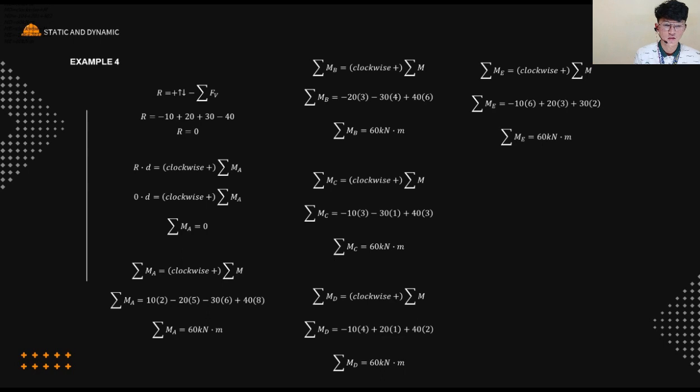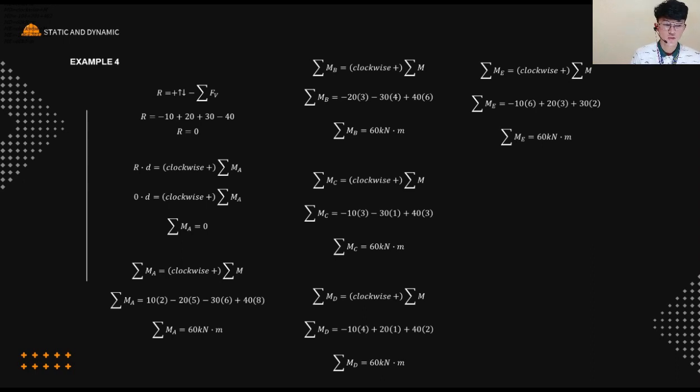Next one naman is summation moment D. So, para makuha natin yung moment D, summation moment D equals summation moment. So, clockwise again, gagawin natin positive, and then negative naman kapag counterclockwise.